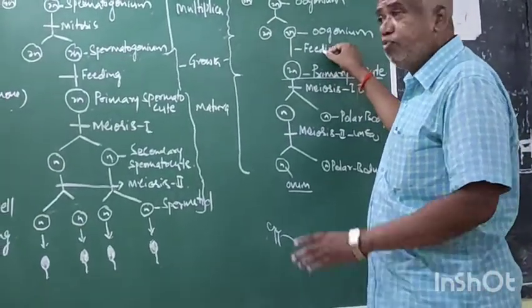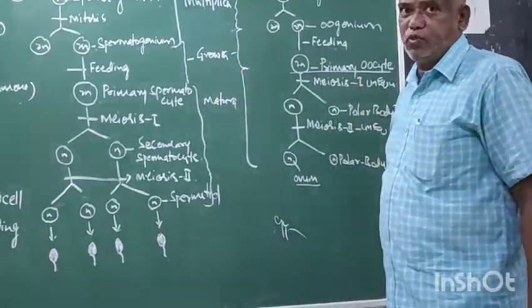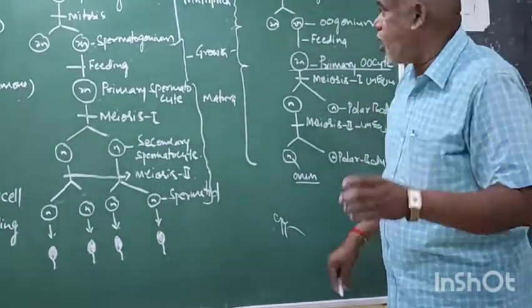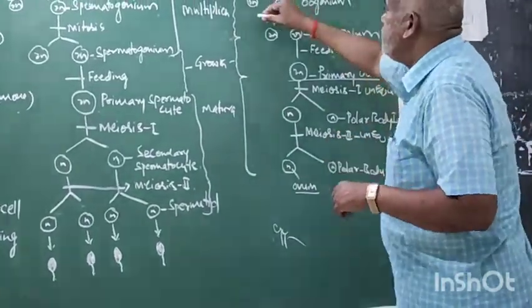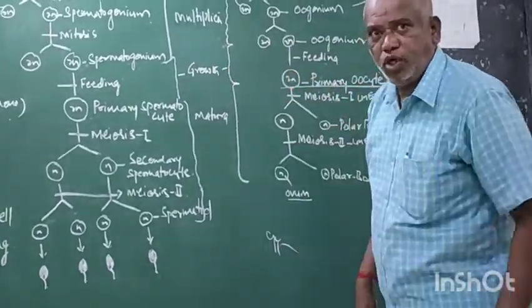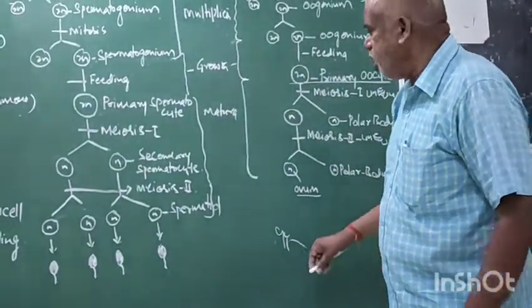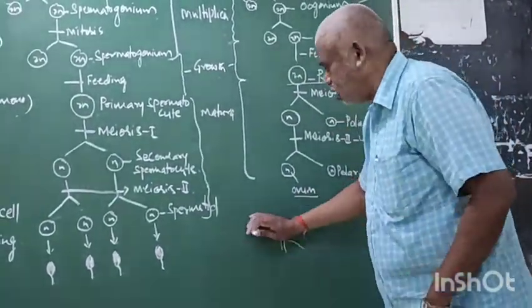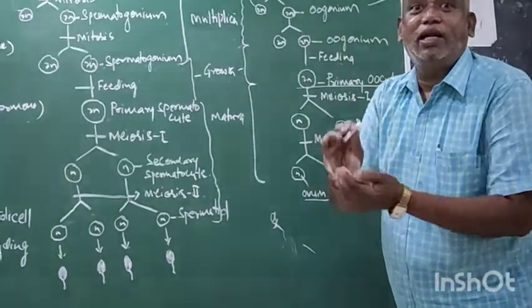Feeding also takes place. That means multiplication and the growth phase both occur in the fetal stage. After 9 months the fetus comes outside, and that is a small girl.